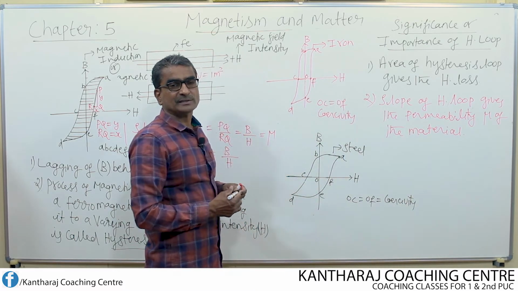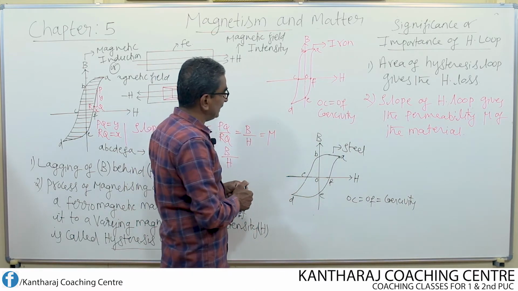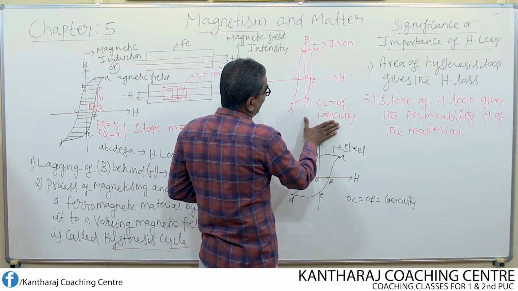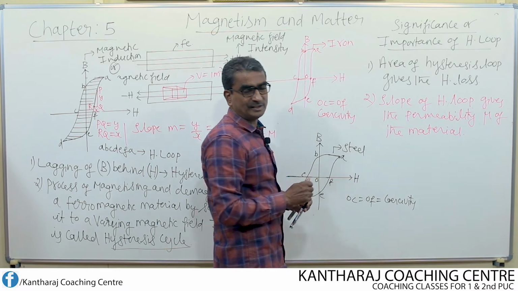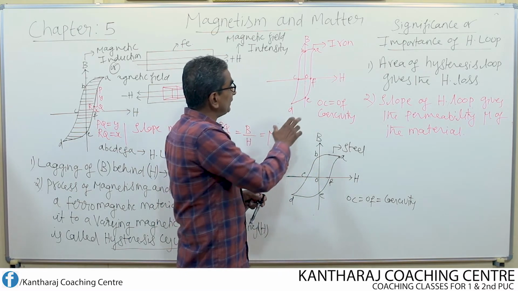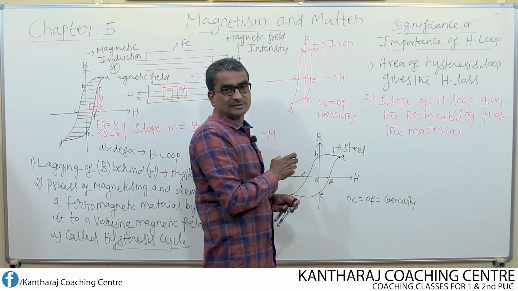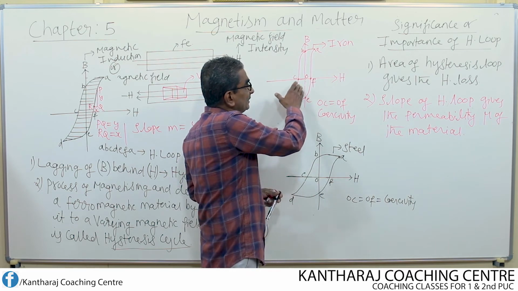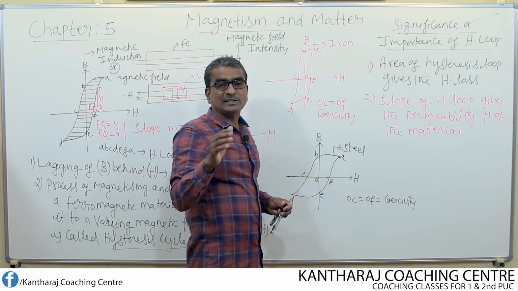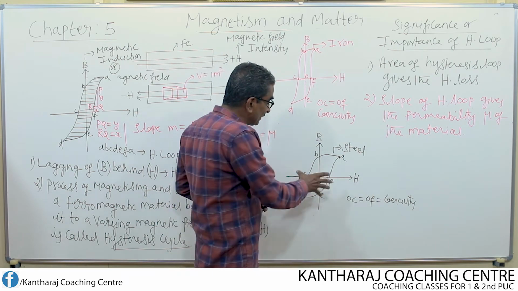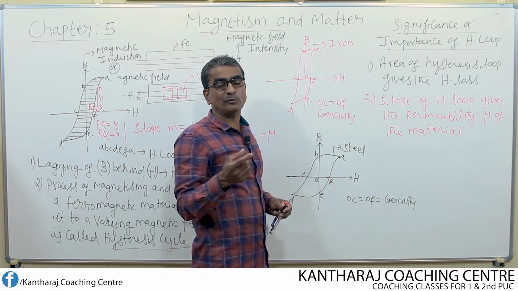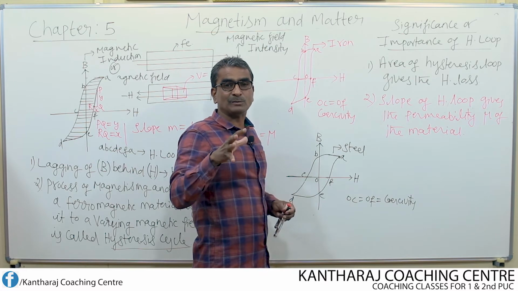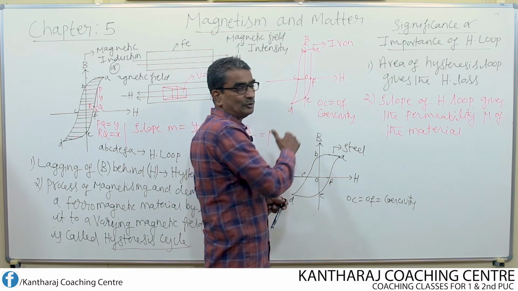So from these two figures it is found that the coercivity of iron is less than the coercivity of steel. So since the coercivity is less, the iron loses its magnetism quickly when compared to steel. Steel can retain its magnetism for a long time when compared to iron. So this is what we can find out from the hysteresis loop.